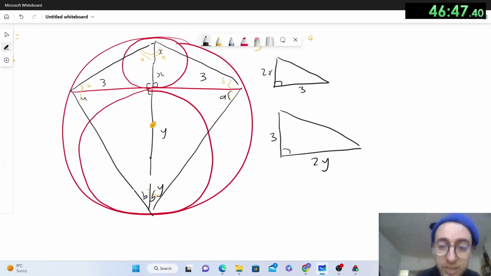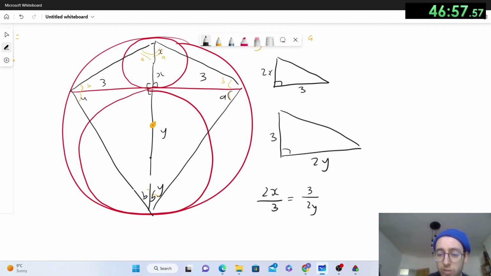How that helps us, don't know. 2x over 3 equals 3 over 2y, so 4xy equals 9. So xy equals 9 over 4.